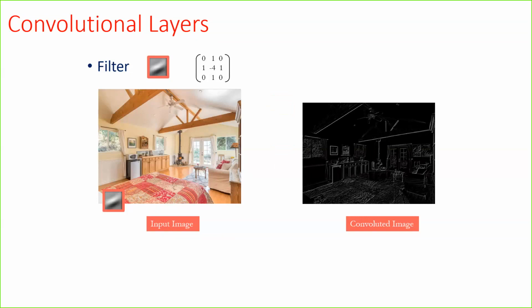And the edges of the image are one of the important features to determine whether it is an indoor image or an outdoor image. Like this, different filters bring out different aspects or features of the image, right? And we can make use of these aspects to train a classifier and then use that classifier to make a prediction.